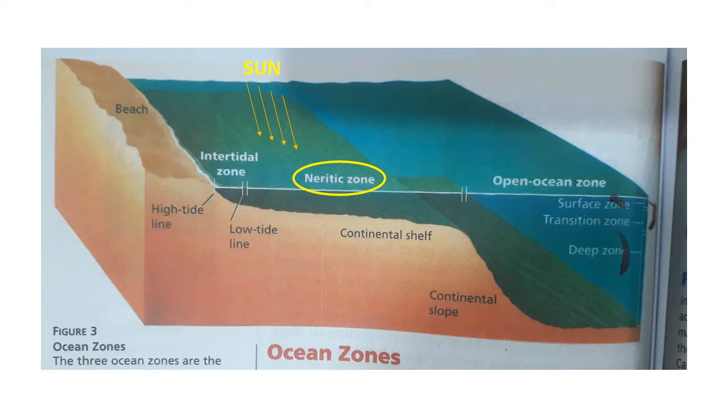The neritic zone also gets lots of nutrients. Nutrients can come from the land, or they can come from the deep ocean in an upwelling. The combination of sun and nutrients is important for the organisms of the neritic zone.